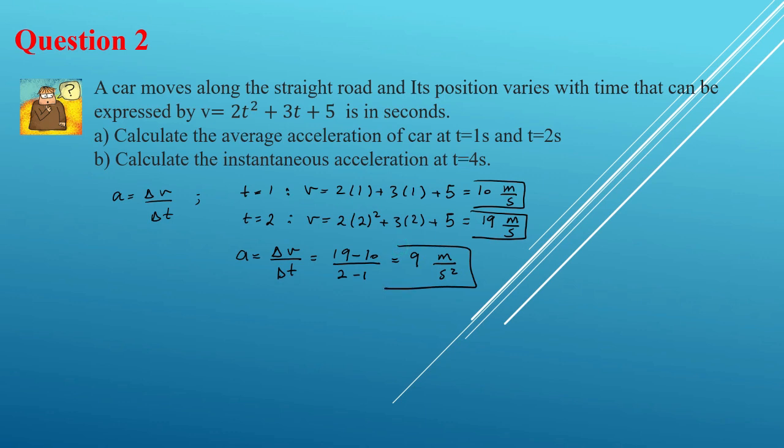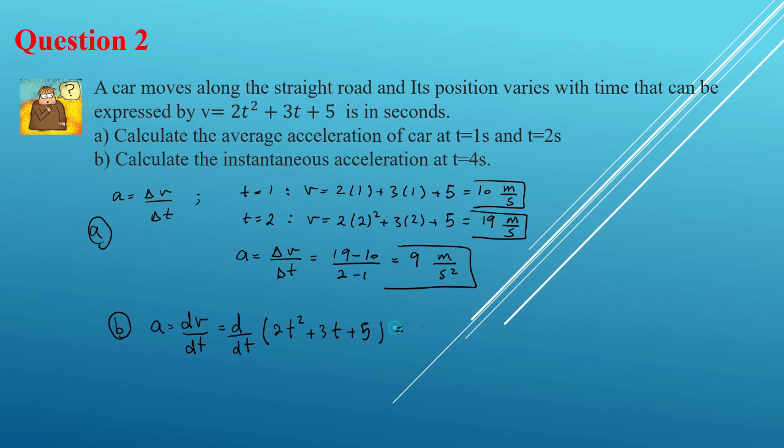So how about the instantaneous acceleration, part B? So this is for part A, and this is for part B. So for the instantaneous acceleration, a is going to be the derivative of v with respect to t, correct? So it's going to be d/dt of 2t squared plus 3t plus 5.